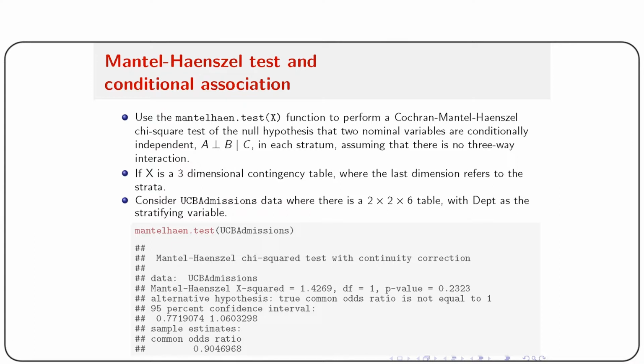The Mantel-Haenszel test and the conditional association in R. Use the Mantel-Haenszel test by the function mantelhaen.test to perform a Cochran-Mantel-Haenszel chi-square test of the null hypothesis that the two nominal variables are conditionally independent, in this form, say A is independent of B given C, in each strata, assuming that there is no three-way interaction.